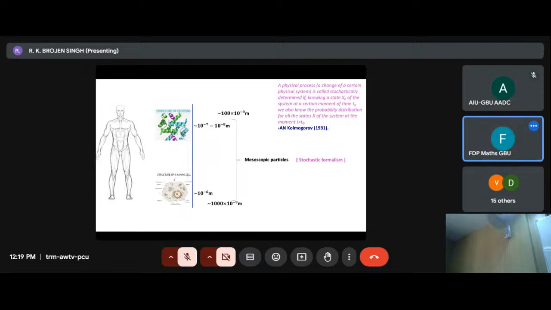But we have to borrow techniques from different fields, especially statistical mathematics and many others.